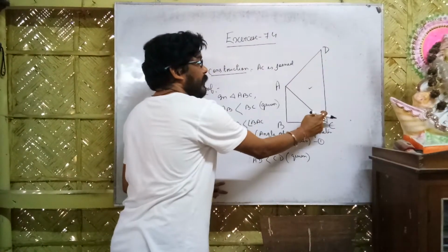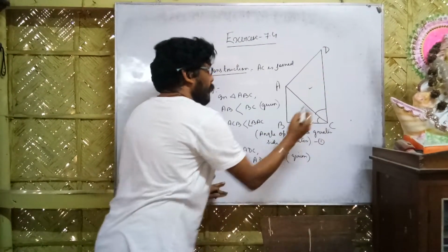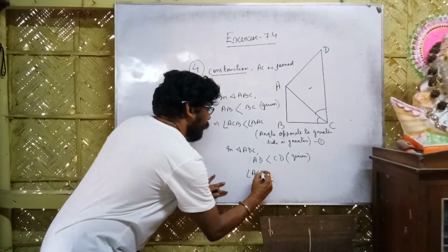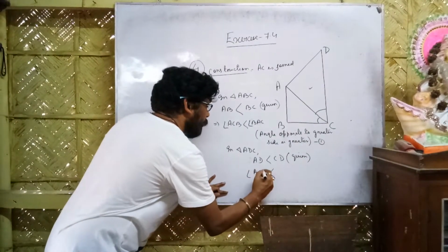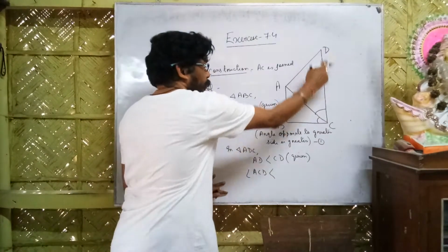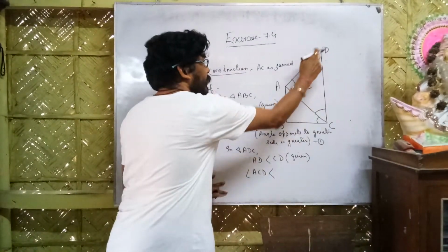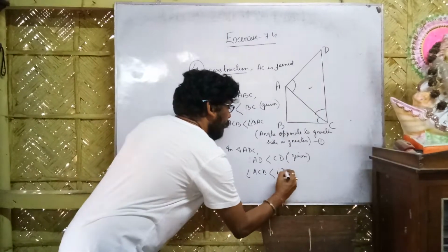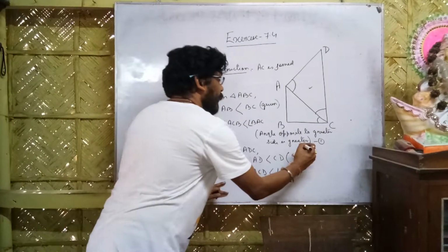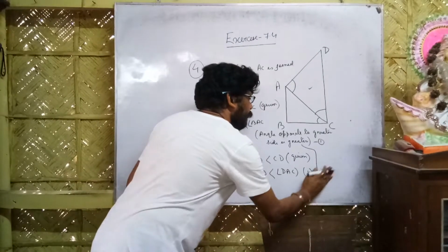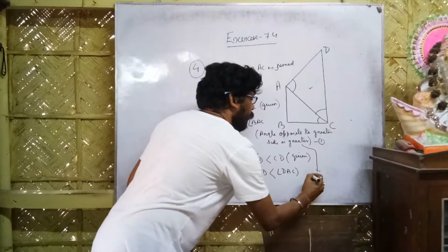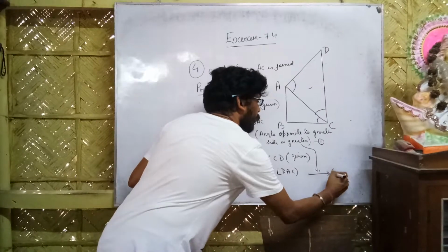This angle. So it is angle ACD less than, opposite to CD is this, so it is angle DAC. You will give the same reason here. This is equation number 2.